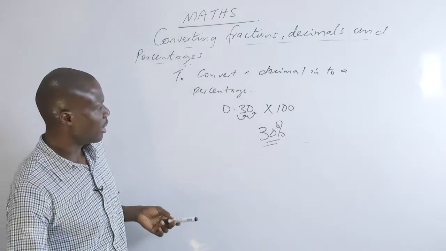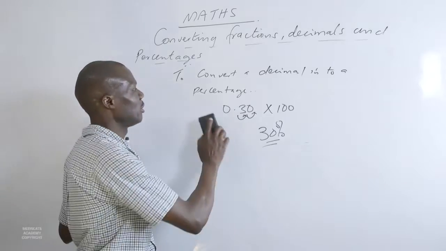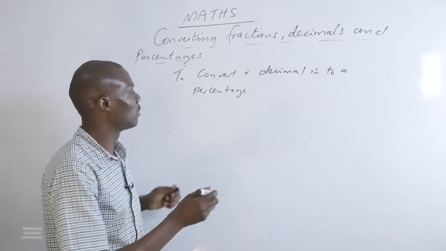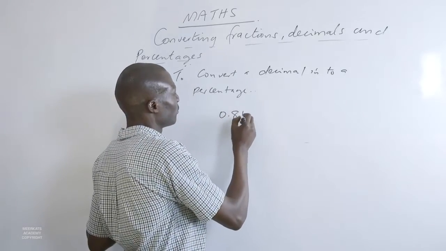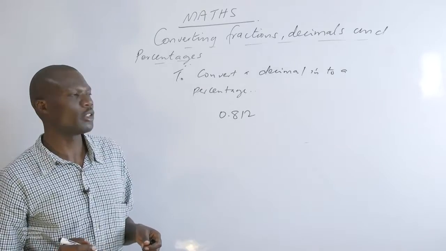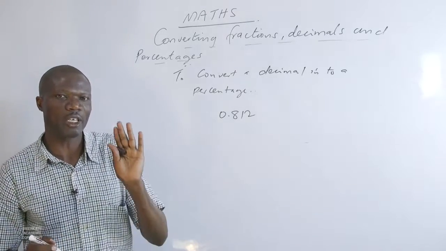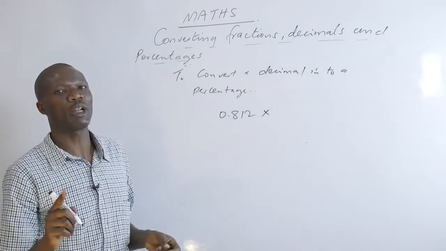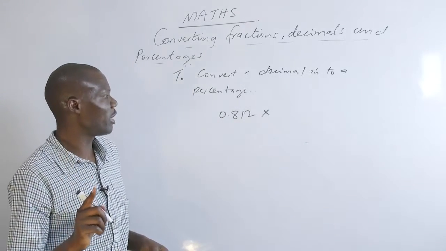Let us try another decimal. 0.812. That is a decimal. To convert, you simply multiply by what? Multiply by 100.